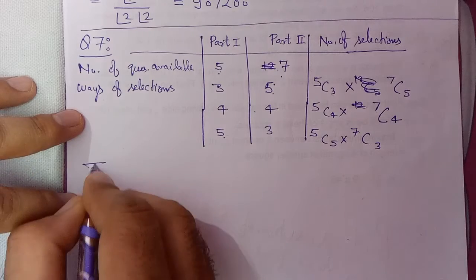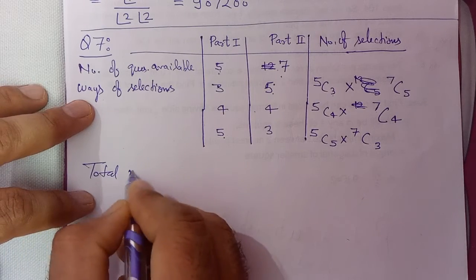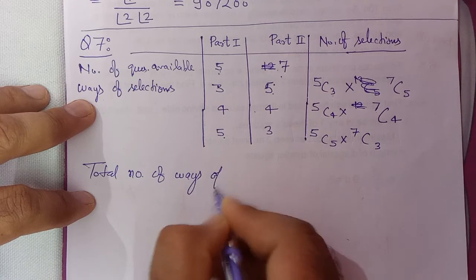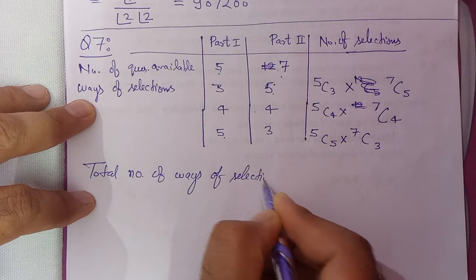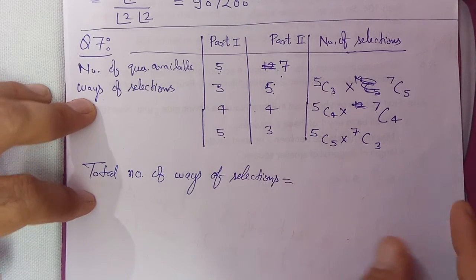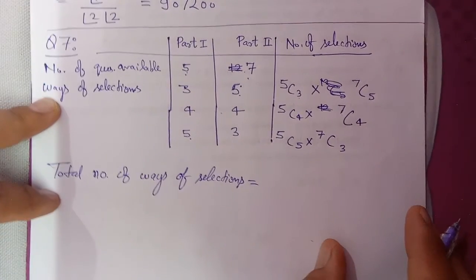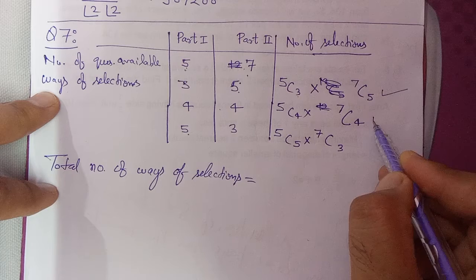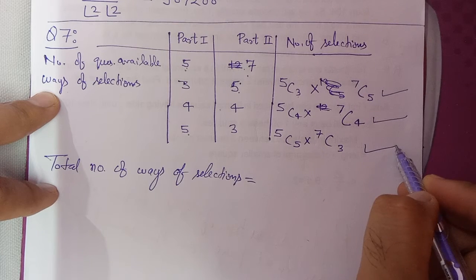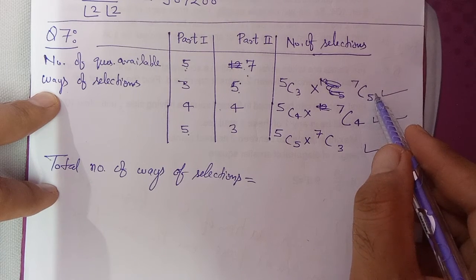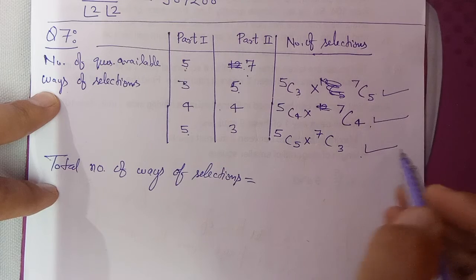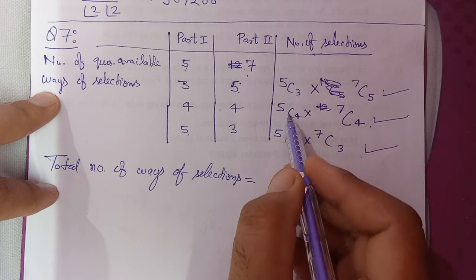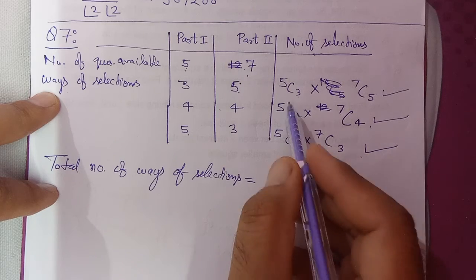So total number of ways of selections: he can choose either in this way or in this way or in this way, either first way or second way or third way, any one out of these 3.